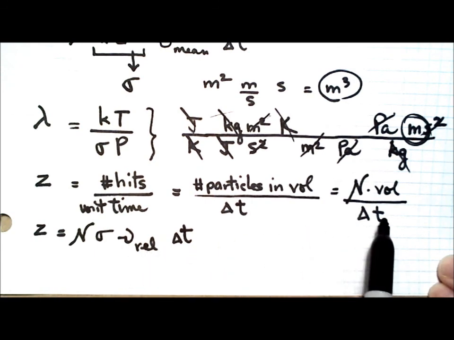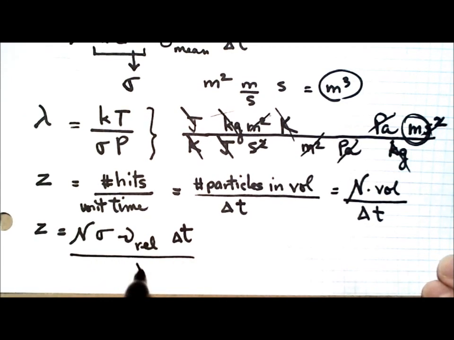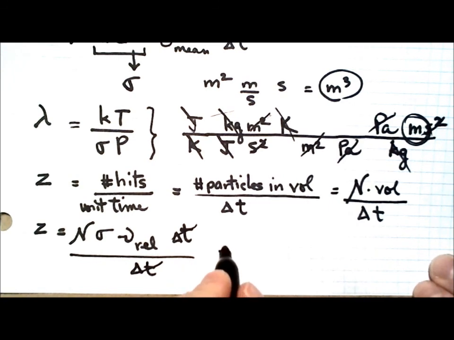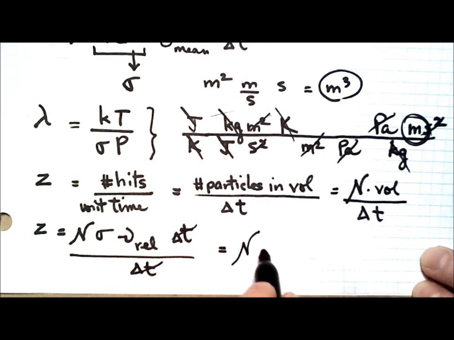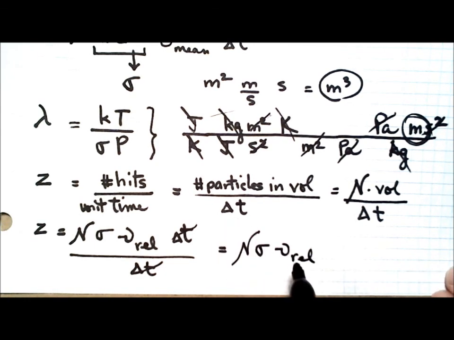And don't forget, this was all over delta T. Great, because now this cancels and I don't have to worry about that. And so now my collision frequency is equal to this sigma mean relative speed. Not ready to plug in to solve yet because of this guy right here, the number density.